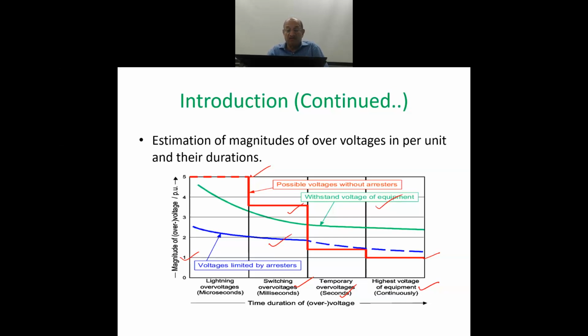Only the residual voltage, as we call it, remains in the network, and that is supposed to be much lower than the insulation level provided to the network. I hope you have got some idea about the overvoltage.